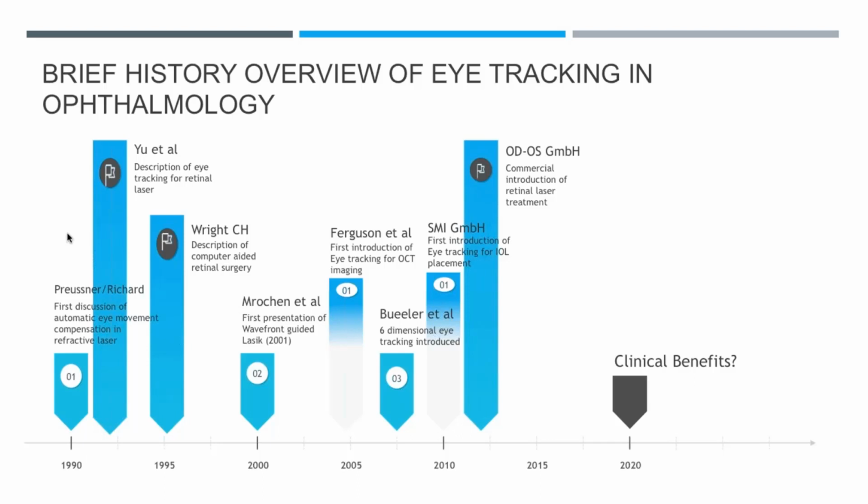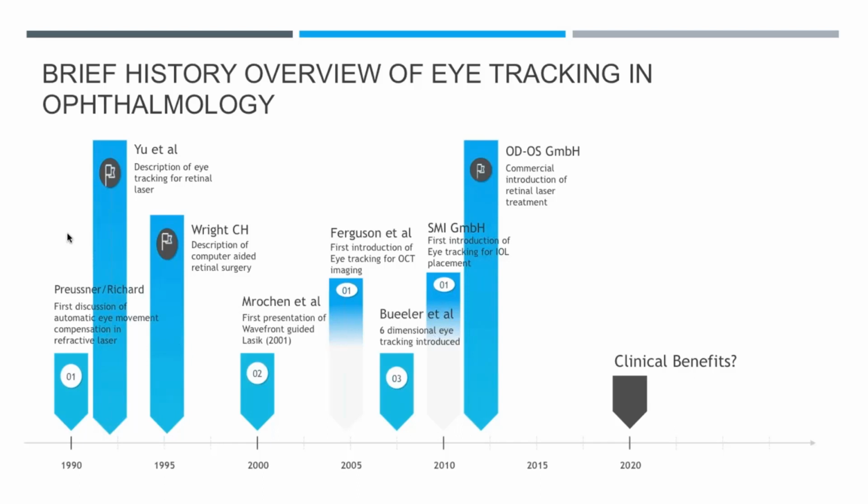imaging with optical coherence tomography, and then these quite sophisticated six-dimensional eye tracking and publication by Bühler and others, where not only X, Y, and Z is taken into consideration, but also rotational movements of the eye globe.